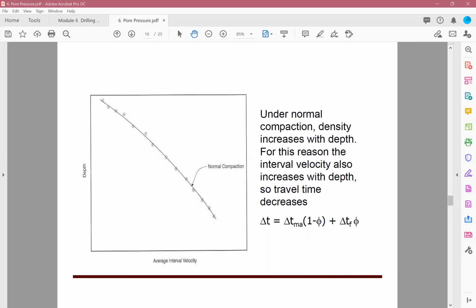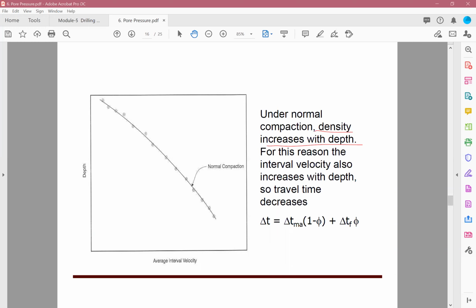There are different types of well logs. For example, one way of correlating the pore pressure to these well logs is that, if you use a density log, density should increase with depth, right? Because of more compaction, more weight of the rock on the formations as you go deeper.